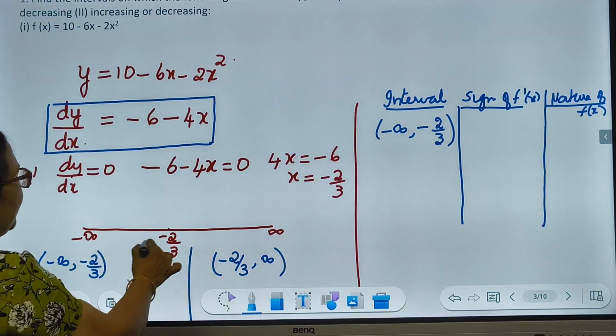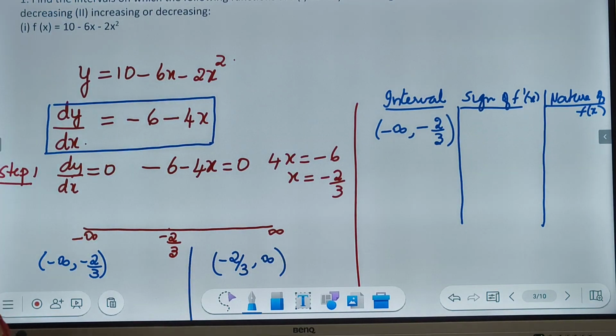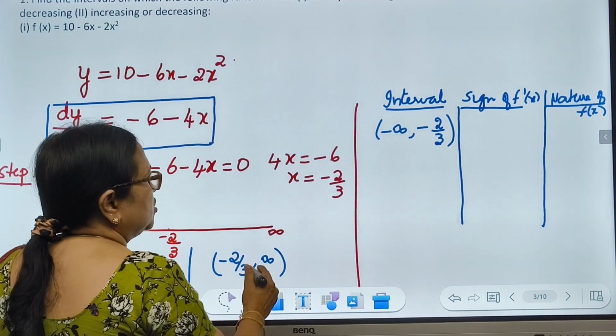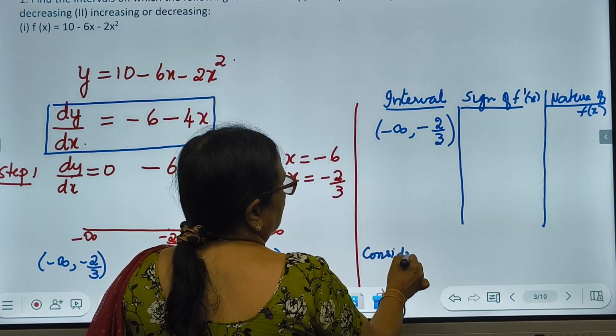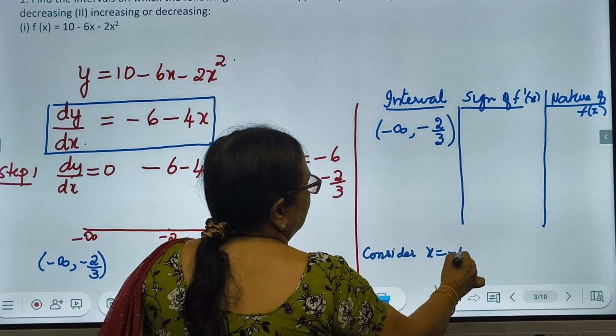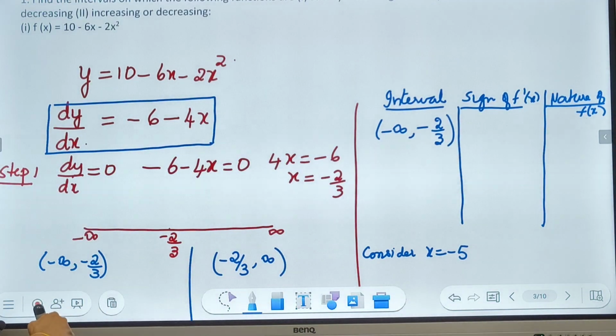So between minus infinity and -2/3, I can choose any value and substitute here. Let me consider x to be -5. Definitely it is to the left of -2/3.